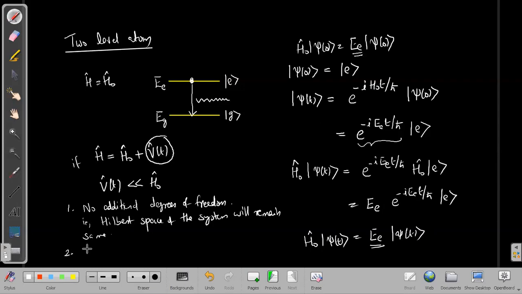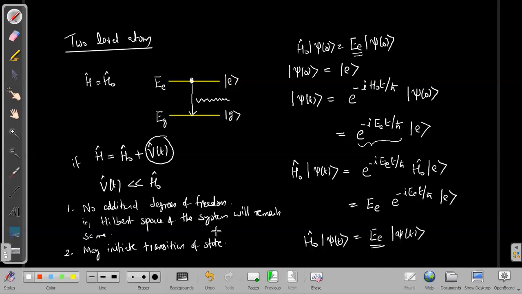Now the second thing is, since no additional states are produced, the presence of perturbation may initiate transition of state. That means the system may undergo a transition from one state to the other.